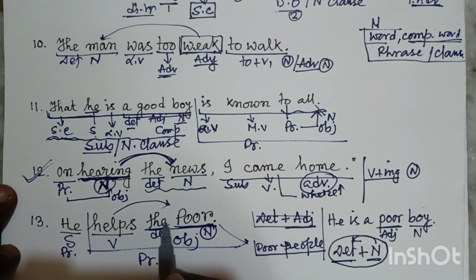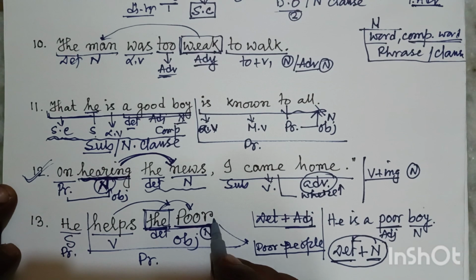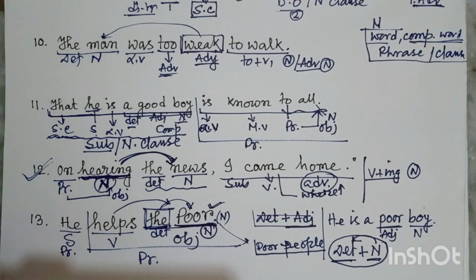Here you can see the is a determiner, and it is used before this word, so obviously it's a noun. It's not an adjective here, it's a noun. My dear friends, I think you can understand the concept clearly.